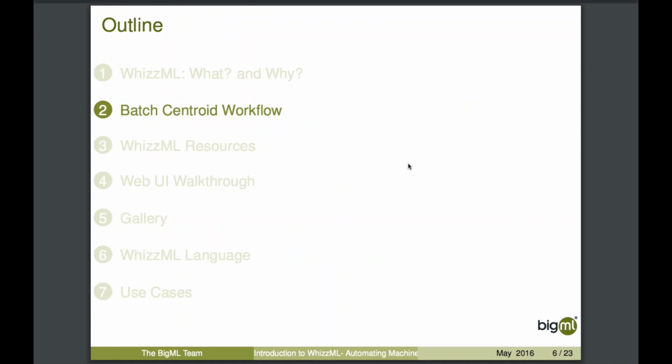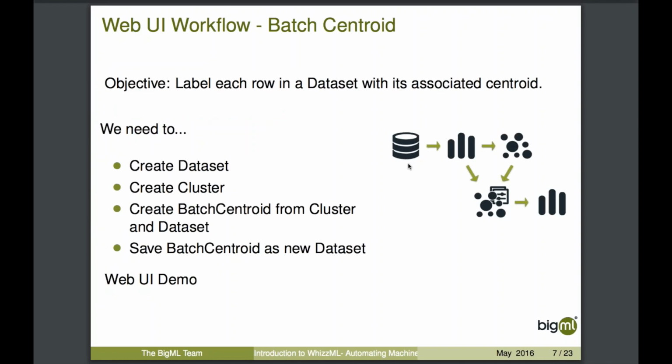The first thing we're going to do is look at a workflow for creating a batch Centroid a number of different ways, and then finally looking at how we can do it with WhizzML and how it makes it much easier. First, we're going to use the web UI to do this batch Centroid workflow. The objective of this workflow is to label each row in a data set with its associated Centroid.